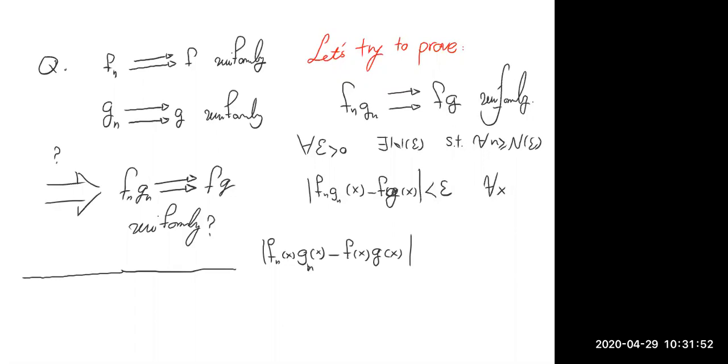Remember, my assumption is that Fn converges to F uniformly and Gn goes to G uniformly. So I know Fn minus F is as small as I want when n is large, and Gn minus G is small.